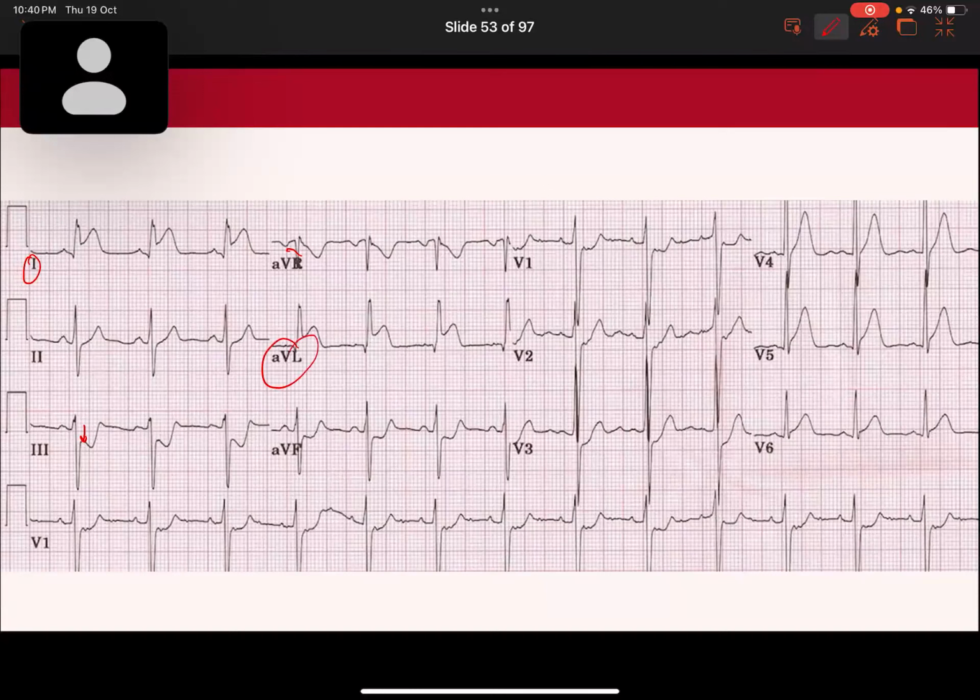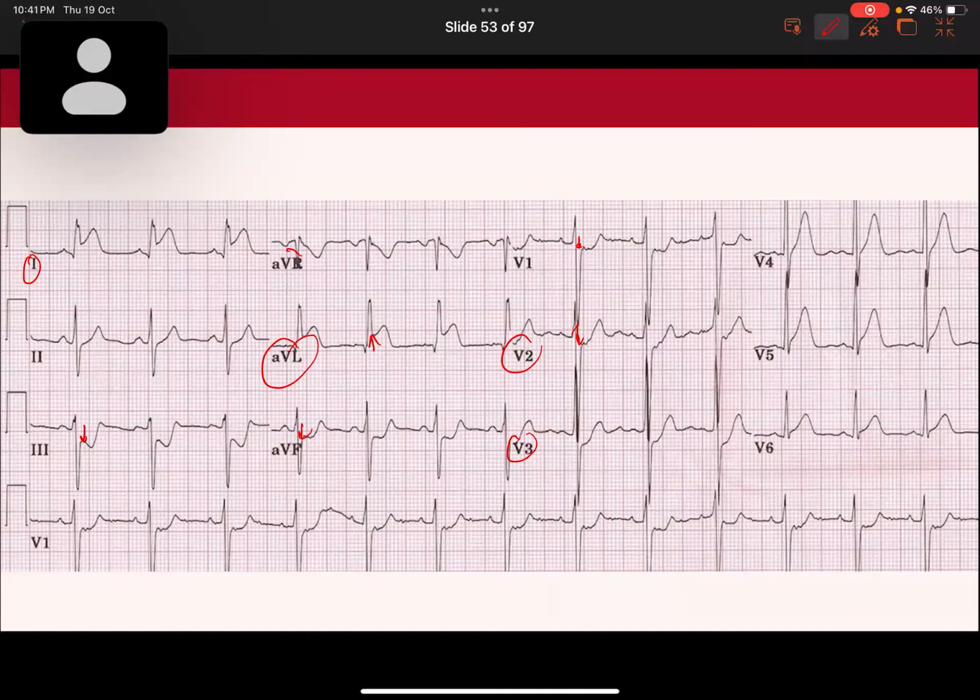Look at AVL, there's ST elevation. And then AVF, there's ST depression. And look at V1, again, ST depression, V2, ST depression. Now, we said when it comes to the heart's point of view, we want to look at the ST elevation and not the depression.